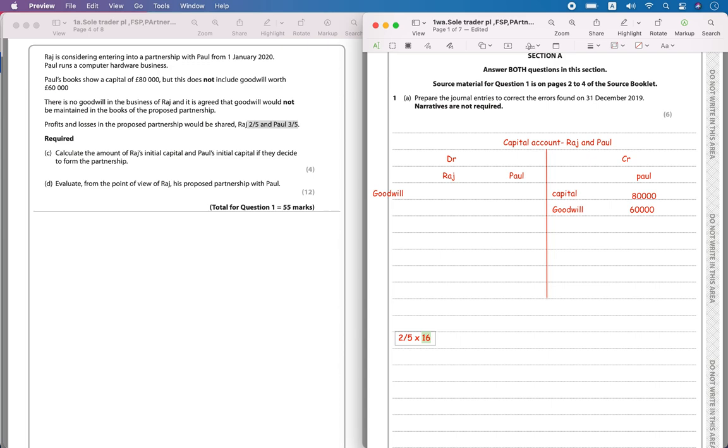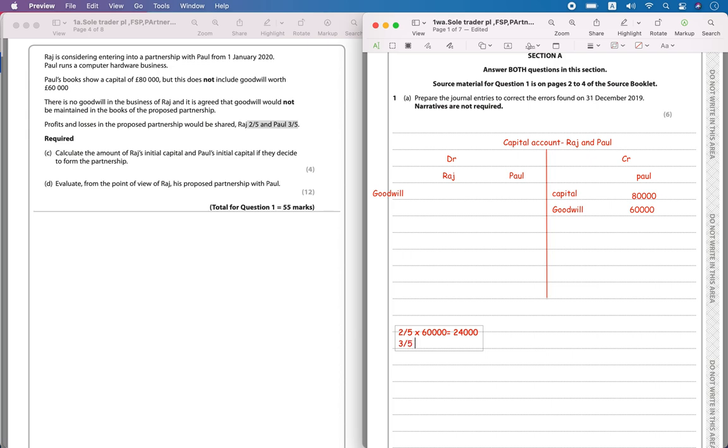So goodwill of 2/5 of 60,000 is going to be around 24,000.